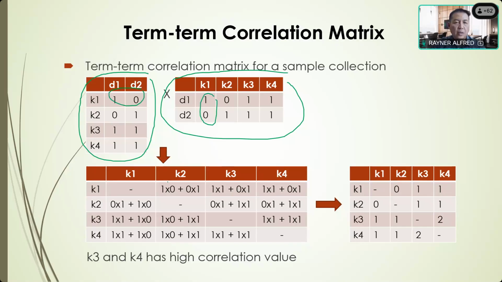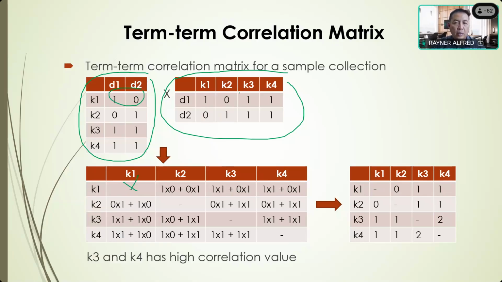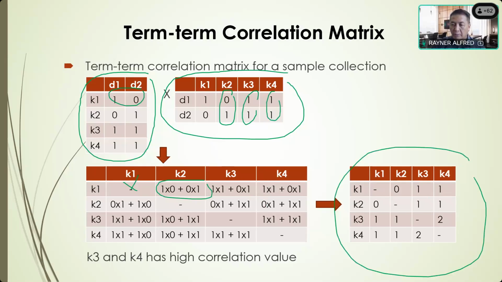We don't care about the diagonal here. What we want to compute is the second one, K1 with K2. So that will be here: 1 times 0 and 0 times 1. Then you repeat again for this and so on. At the end of the calculation, you will get the term correlation matrix.